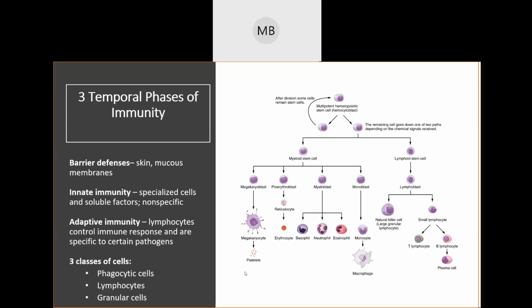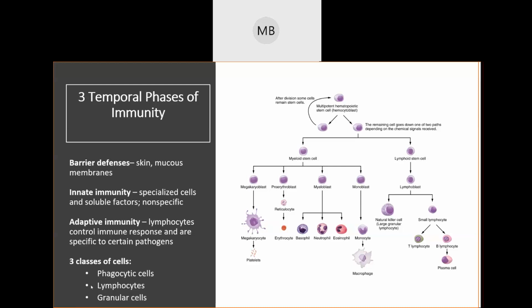We know some of these cells are granular cells. Those are the ones that end in "phil." They look grainy under a microscope. Some of these are phagocytic cells. I know this sounds weird, and this takes a lot of students back a little bit, but PHAG is a Greek prefix for words pronounced phage, which means to eat.